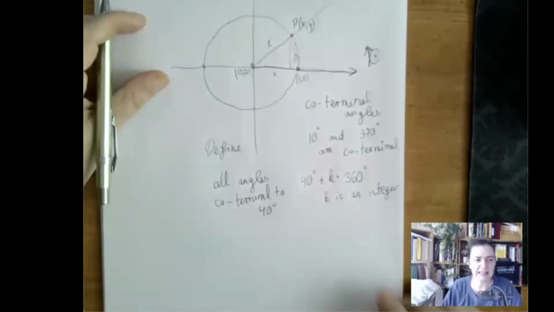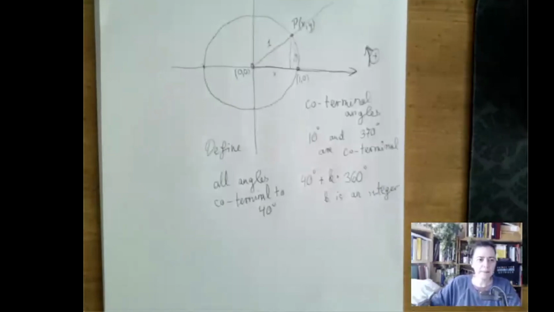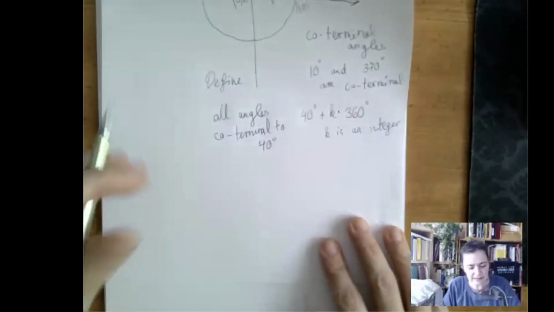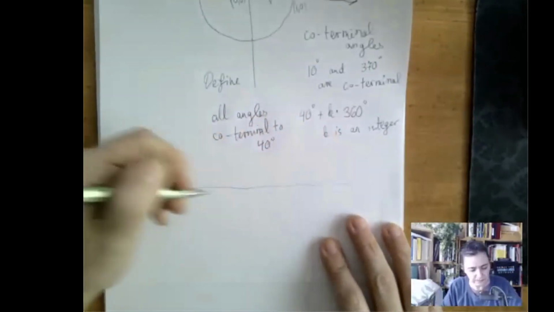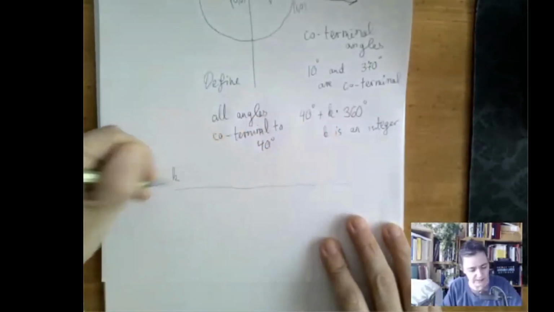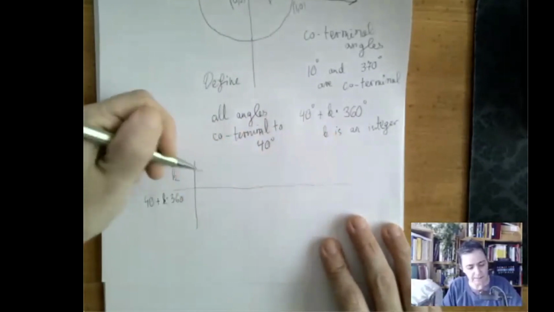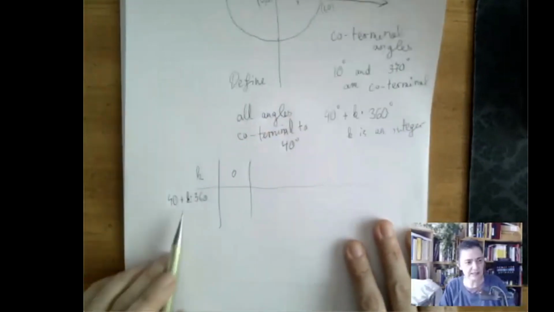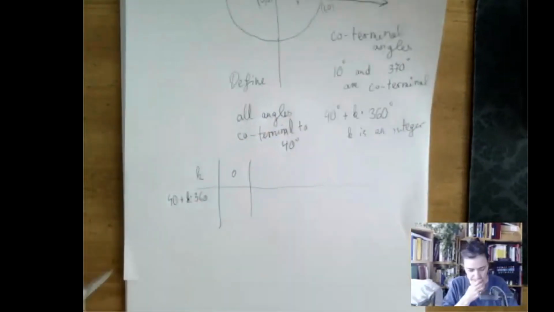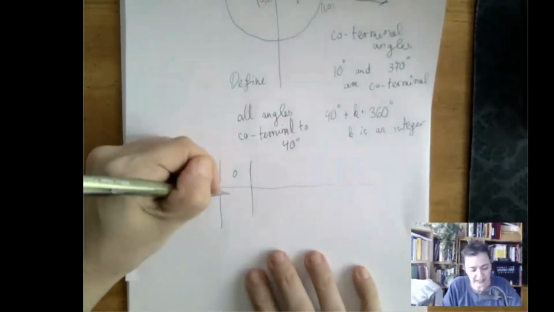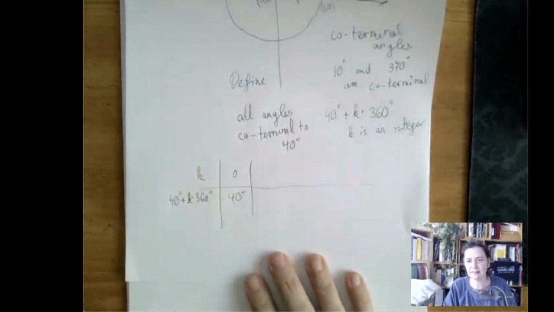We usually use k, where k is an integer. But it's kind of weird. If we look at this expression, 40 plus k times 360, if k is 0, we put 0 into this expression, we get 40, right?